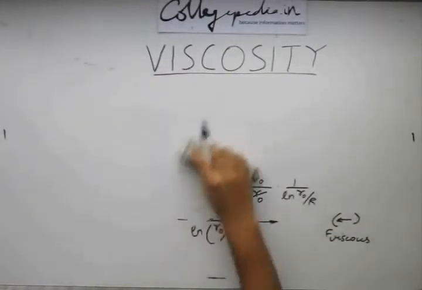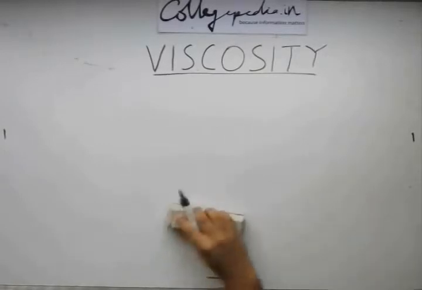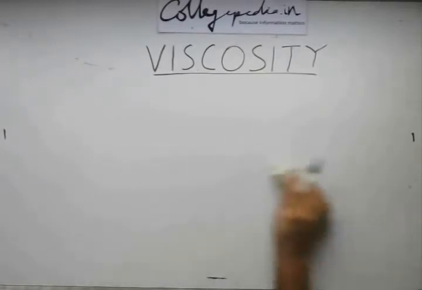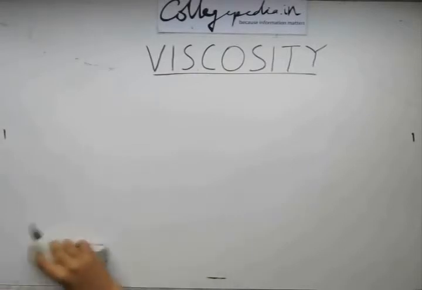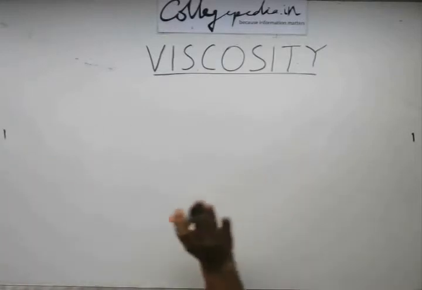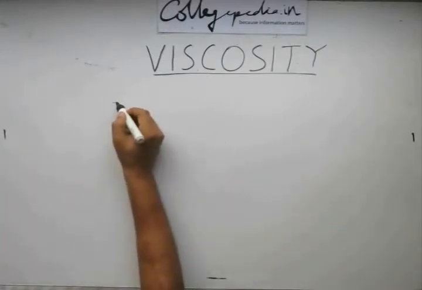Now let us consider another situation where our assumption of pressure gradient not being applied will not be valid. So we will be having a situation where we will be having a pressure gradient being applied across the pipe we are considering. So let's say we have this pipe.